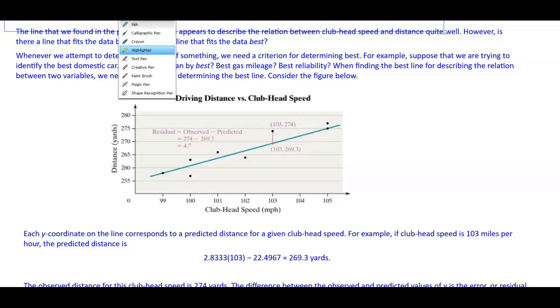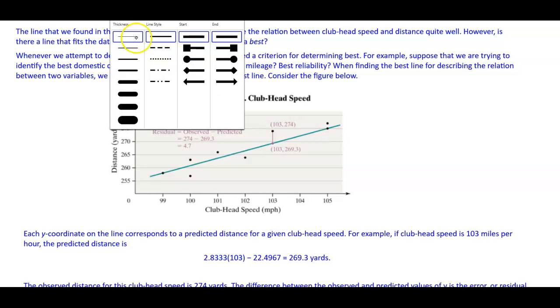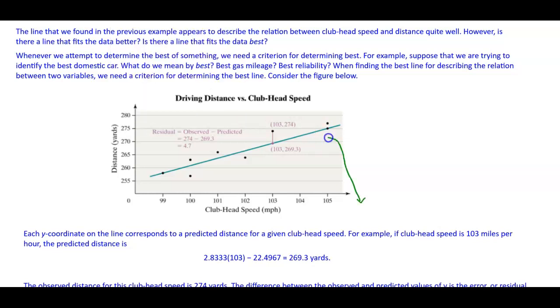We found that this line had the equation y equals 2.8333x minus 22.4967. Now, each y-coordinate on the line corresponds to a predicted distance for a given club head speed.